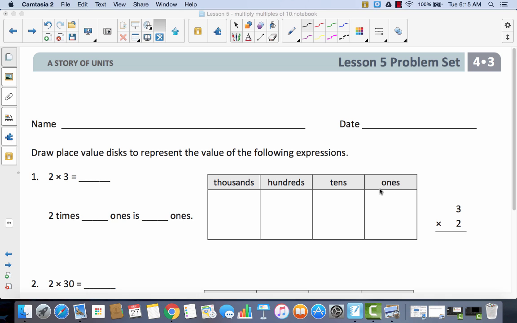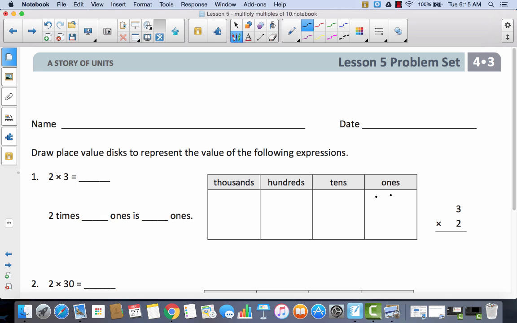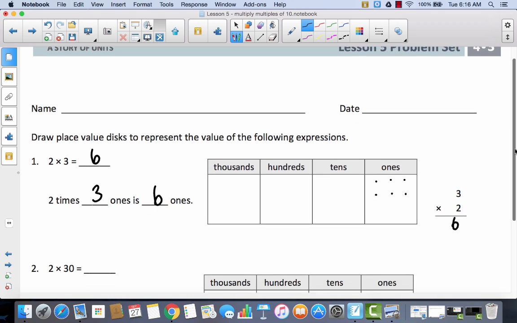So let's put 3 ones in here. 1, 2, 3. So that's 3 ones one time, and this would be 3 ones 2 times. So how many ones do I have? Well, obviously I have 6. So 2 times 3 ones is 6 ones. And I know this seems so ridiculously easy, but we're looking for patterns here, okay?